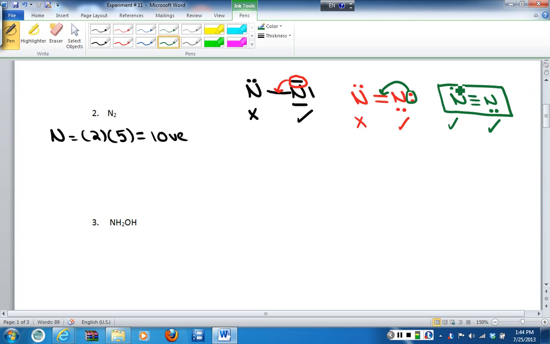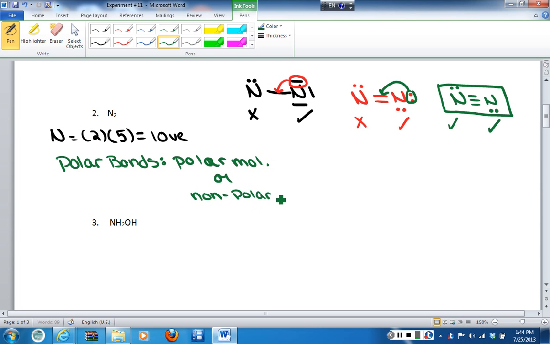Now, in terms of determining molecular polarity, you know you have to look and say, okay, first thing, what type of bond is present? You know that when you have polar bonds, you can either have a polar molecule or a non-polar molecule.